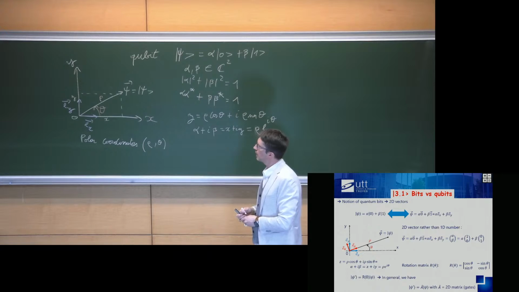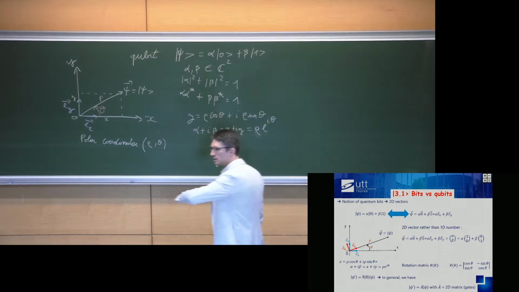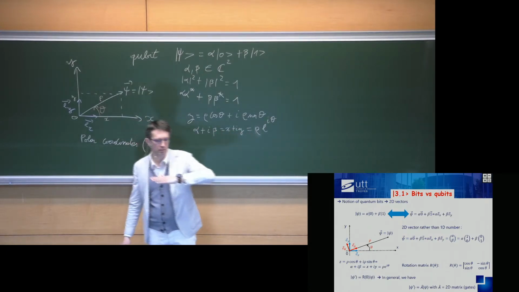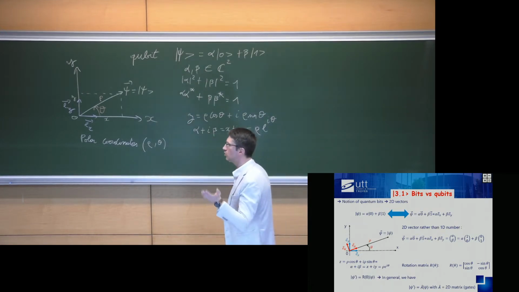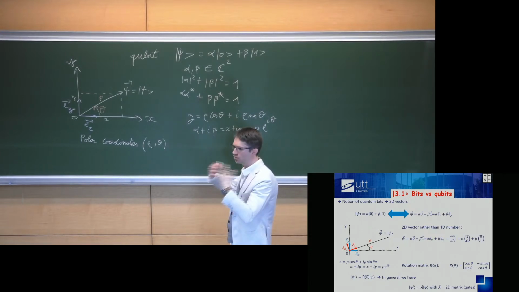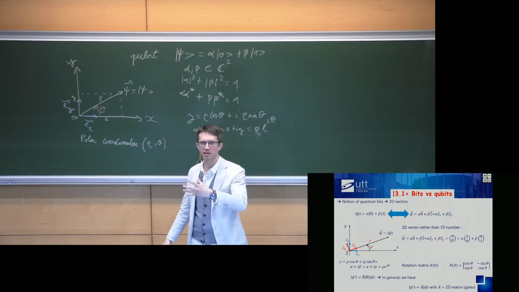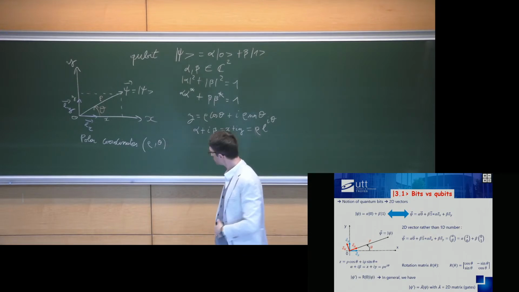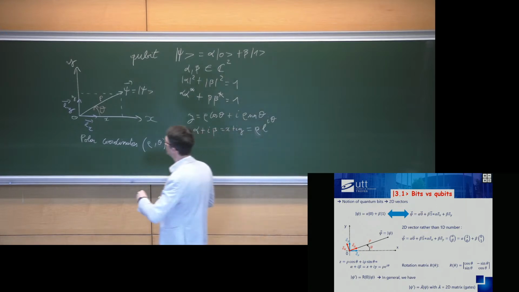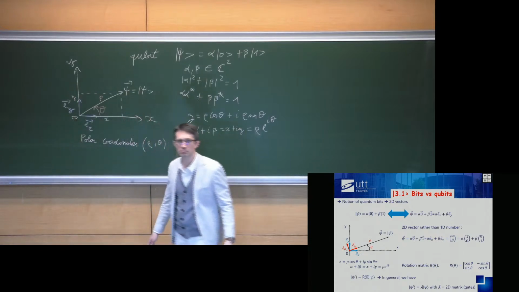So why do we use that? Because, as we will see, we can decide to take a qubit in one position and put it in another position. If you say, okay, I manipulate my qubits, so I go from one state of a qubit to another state of a qubit. I will show you today how we actually do that in the lab. What that means is we can make a rotation of this vector.